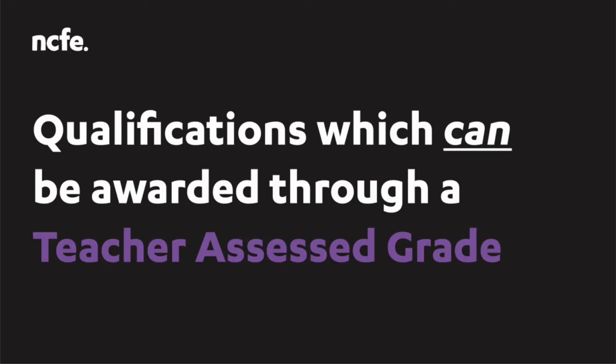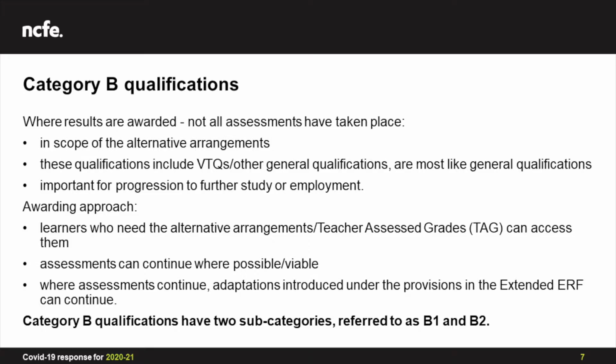Let's look then at qualifications which can be awarded through a teacher assessed grade. Category B refers to those qualifications where results are awarded when not all assessments have taken place. That is to say, they are in scope for alternative arrangements.